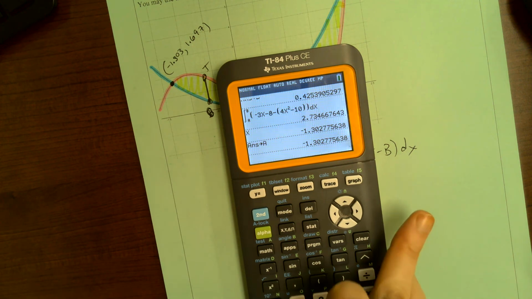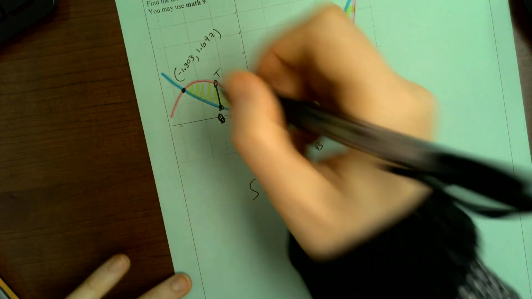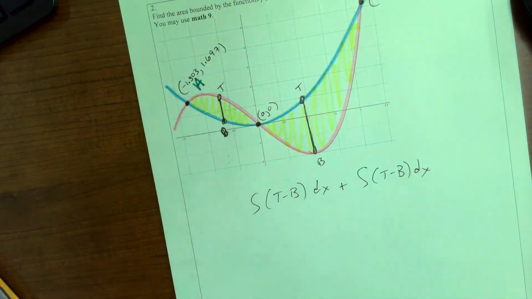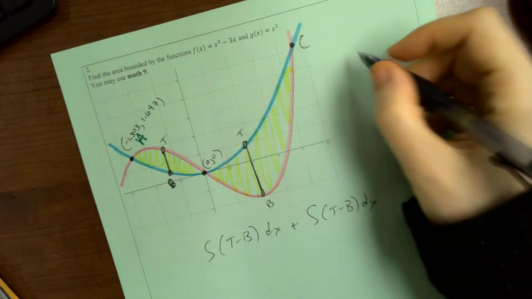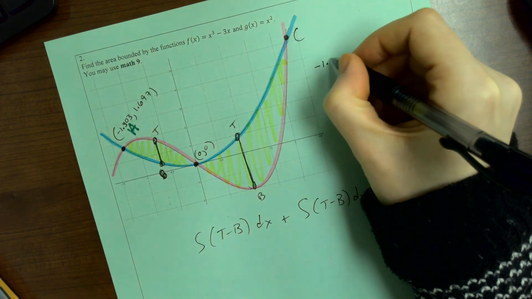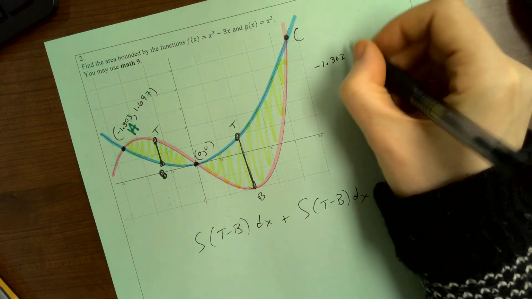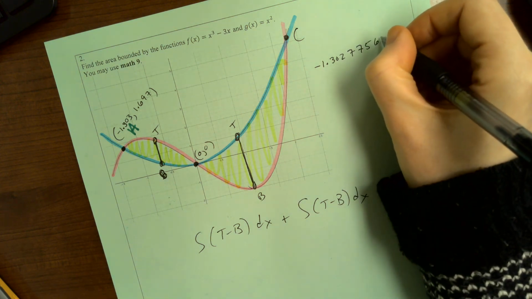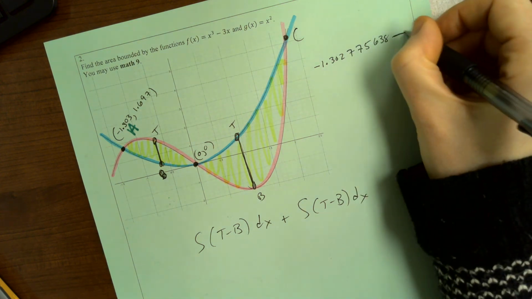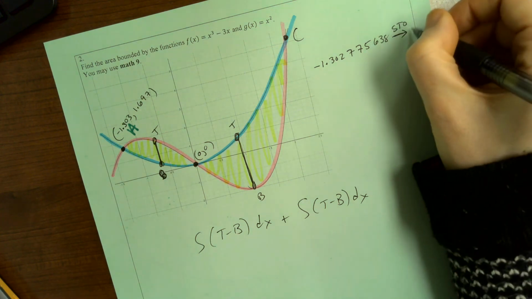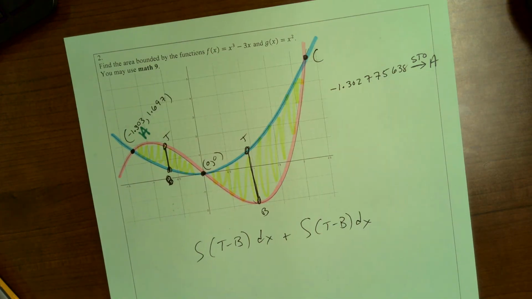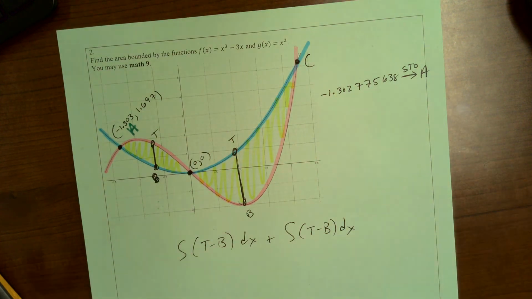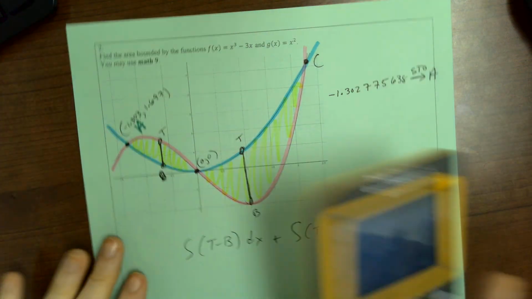I'll store it as A. So this one here is stored as A. Maybe over here, negative 1.302. And guys, I'm writing out the whole decimal; I don't know why, it just feels better to me, but you don't have to. When you're showing what's stored, you're fine to just write a few decimal places.